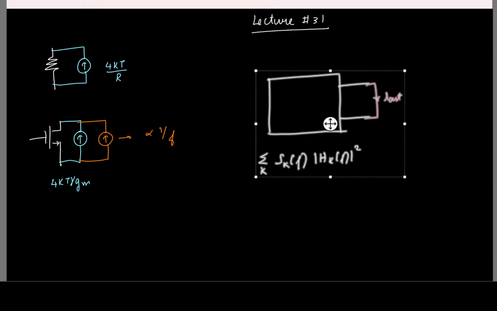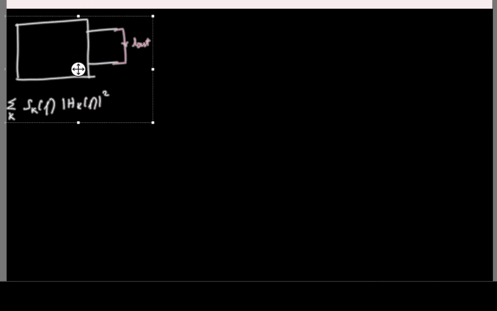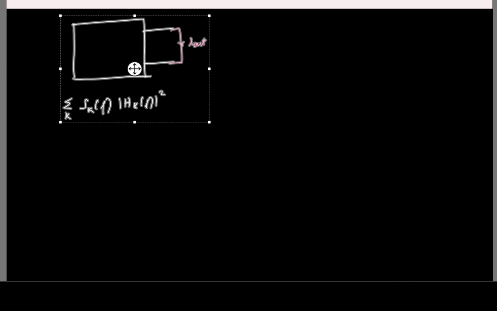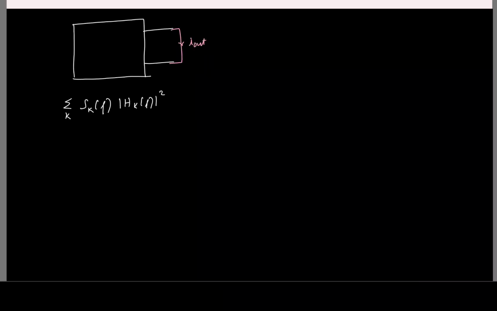But we saw that looking at the output noise is not a great measure to compare different circuits. So we decided that instead of looking at the power spectral density at the output, we model the noise generated in the network, assuming that the network is noiseless.